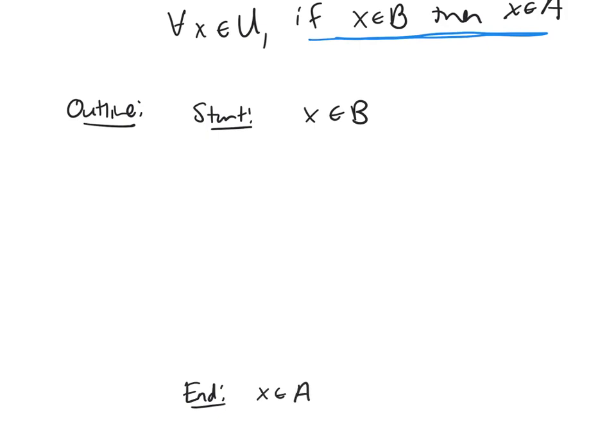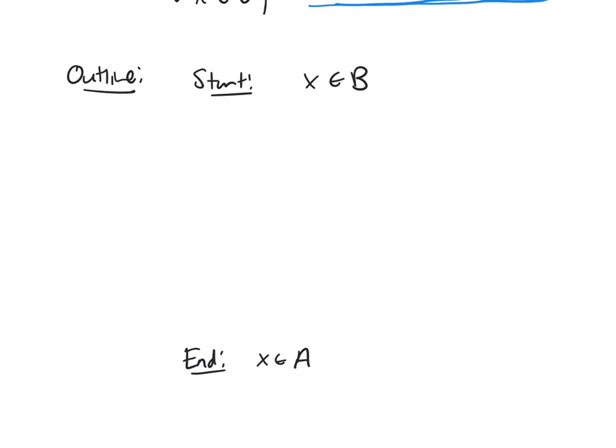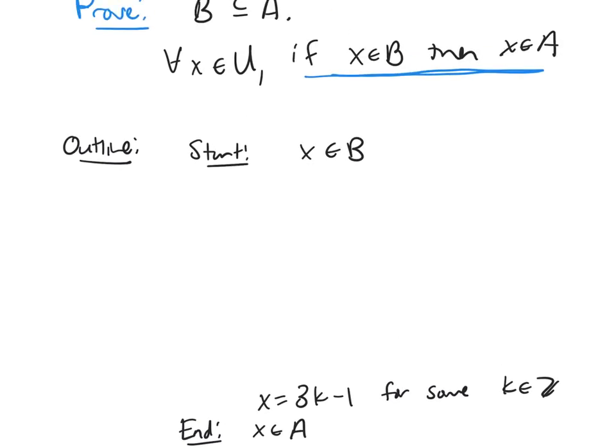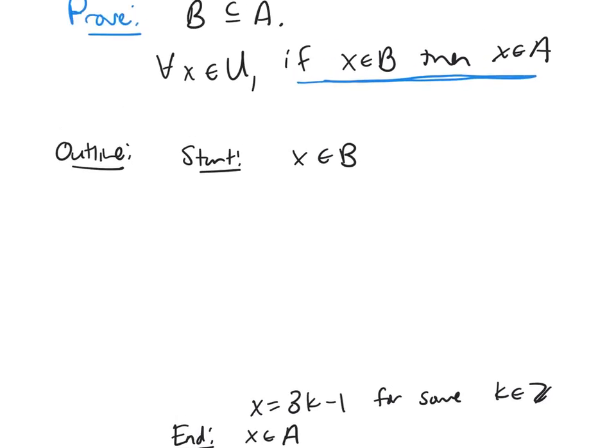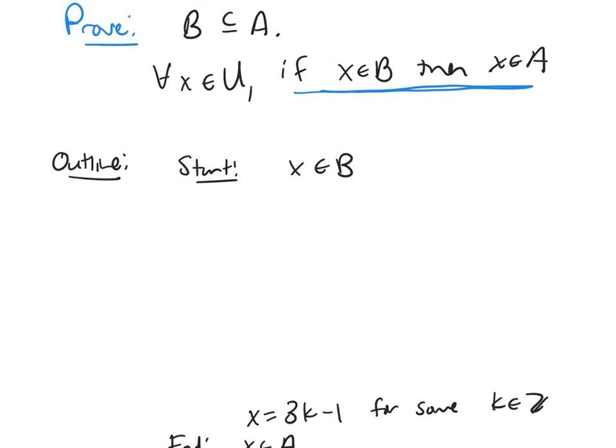Well, what does it mean to be in A? Go back to the definition of the set A. It means I can write X as 3 times K minus 1 for some integer K. Okay, so that's where I've got to get to, but let's go back to our start now. If X is in B, well then I know by the definition of B, X is 6n plus 5 for some integer n in Z. And then look where I need to go.